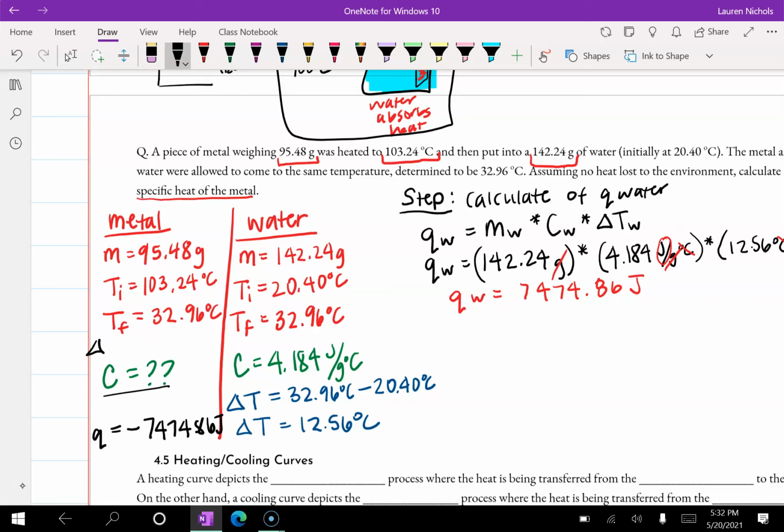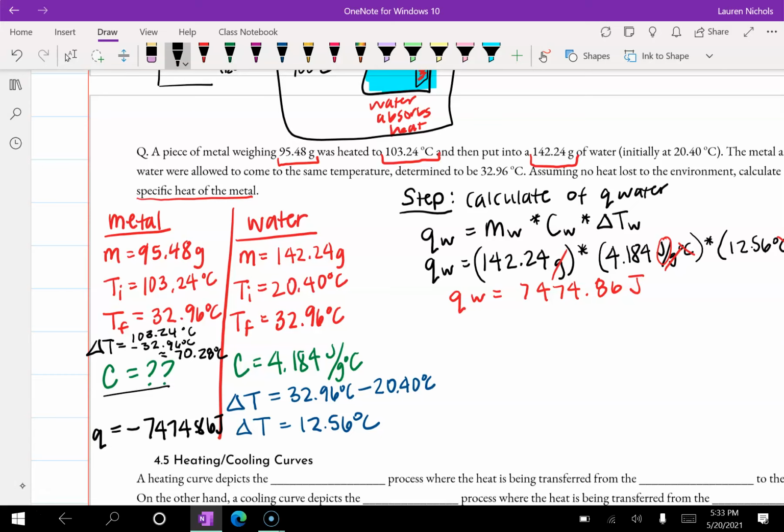And if we go ahead and calculate our delta T, it's 103.24 degrees Celsius minus 32.96 degrees Celsius. I don't have a lot of space there. Let's see. We get 70.28 degrees Celsius.